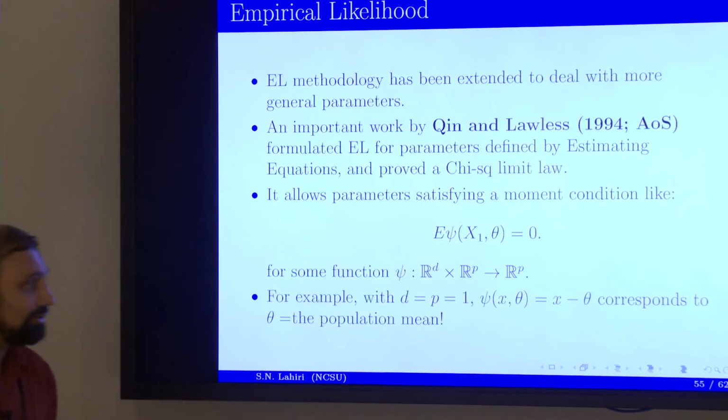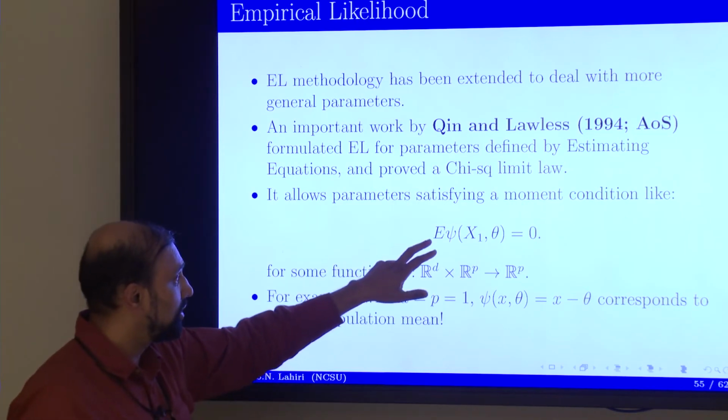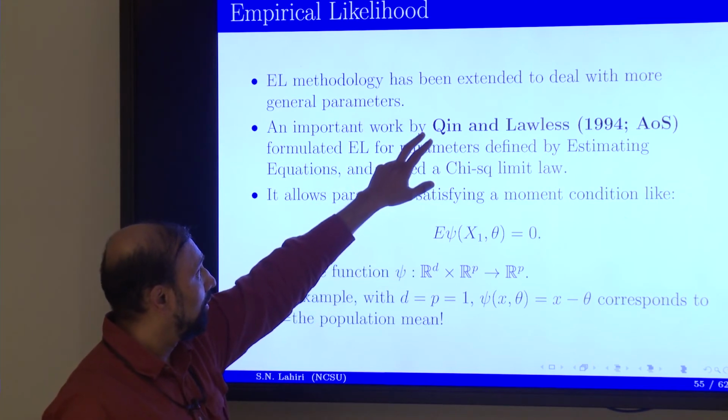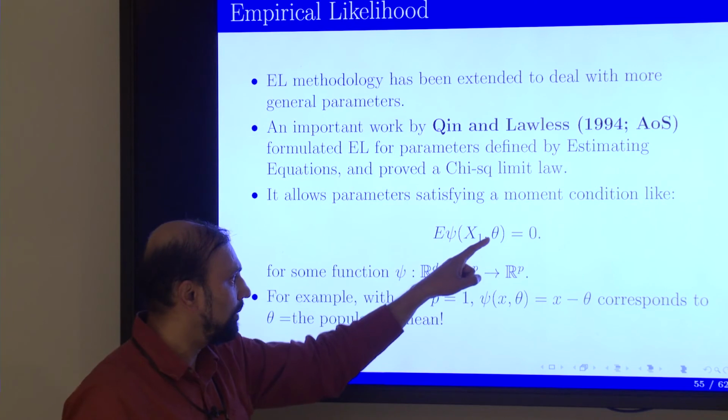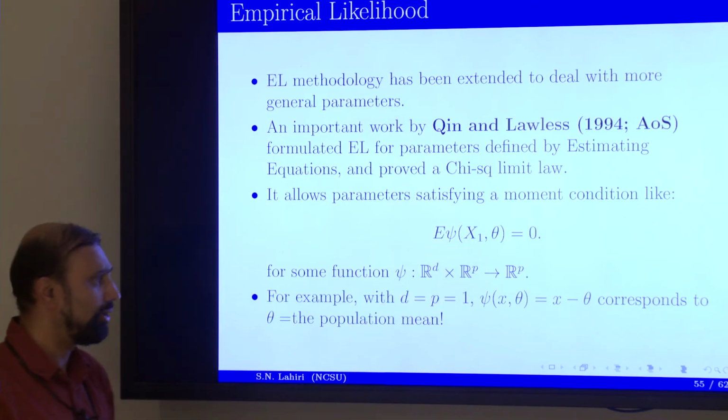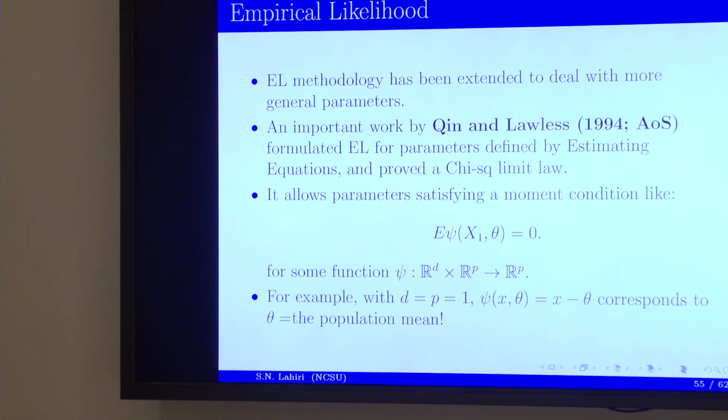But the case of the mean is not always general enough. So you have to look at alternatives that are more general. And again, this is an important paper by Qin and Lawless that says if you have a parameter for which you have a moment condition like this, then you can define empirical likelihood for such thetas.